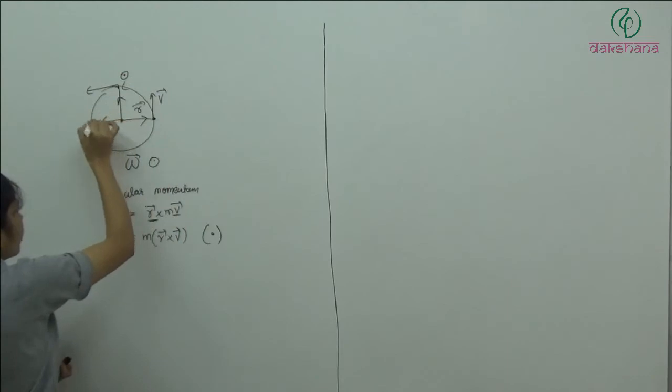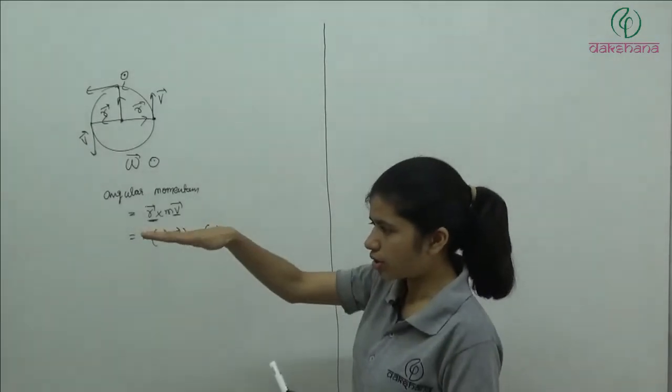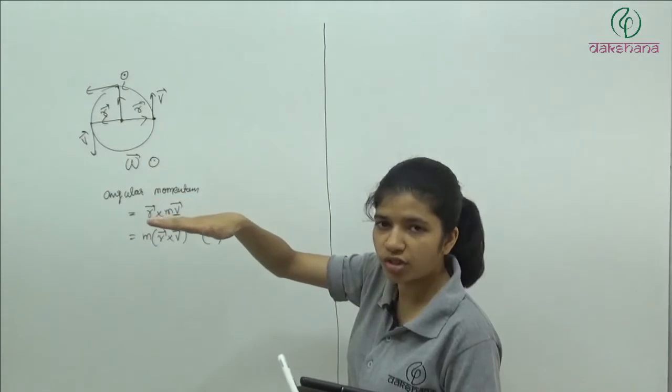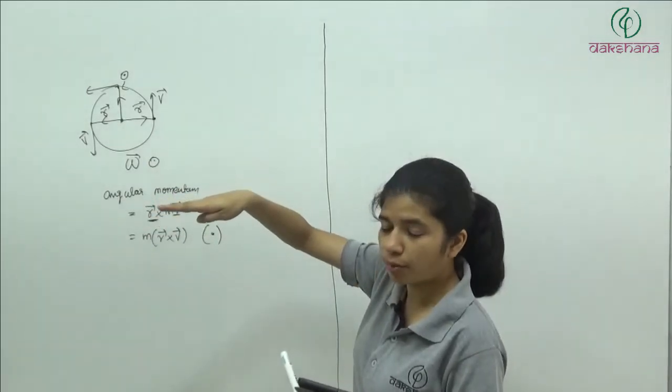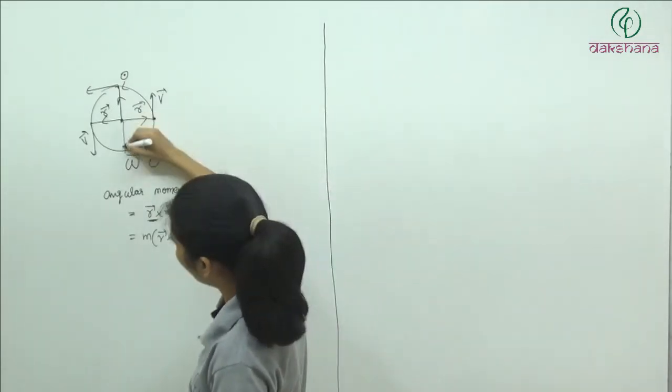Let's say about this point. So r cross v. Now r is like this, and the second vector v is downward. So fingers will point towards the first vector, palm will point towards the second vector. So again it is outside. Let's talk about this point.